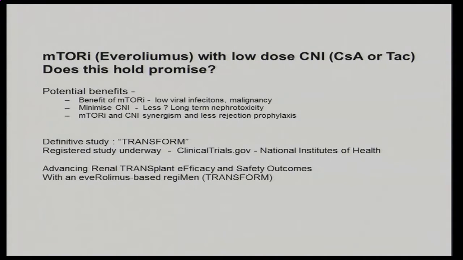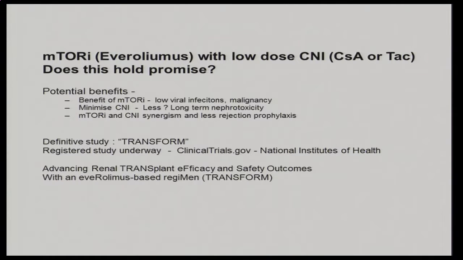To say that the other growing use, and a study whose results are just about to come out, so I can't give you those results, is the TRANSFORM study. Can we get the benefits of mTOR inhibitors by combining mTOR inhibitors, CNI inhibitors with prednisolone? This is, in other words, to get the benefit of anti-cancer and antiviral properties and compare that to standard therapy.